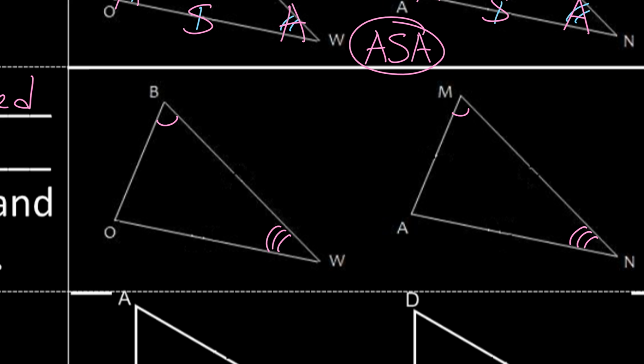On the left-hand triangle, what side is not between the two angles that I have here? O and W, perfect. Is congruent to what on the right? A and N, perfect. So now I mark this using A's for the arc marks, for the angles, and S's for the side.